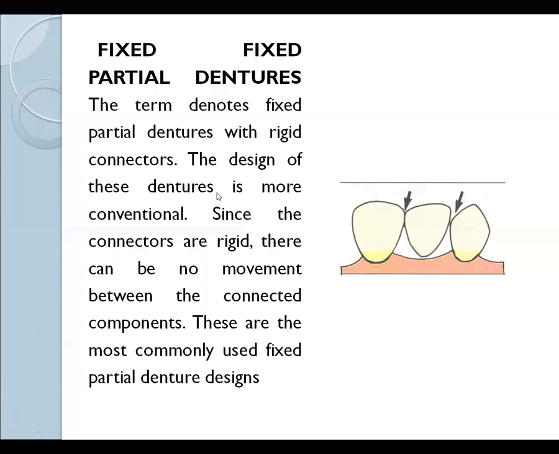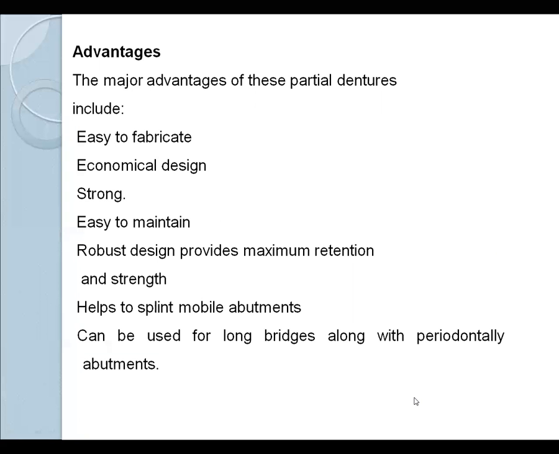The design of this denture is more conventional since the connectors are rigid. There can be no movement between the connected components. These are the most commonly used fixed partial dentures, in which the connectors are rigid. Advantages: the major advantages of these partial dentures include easy to fabricate, economical design, strong, easy to maintain, robust.